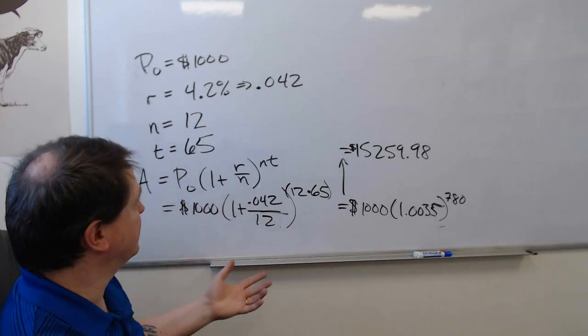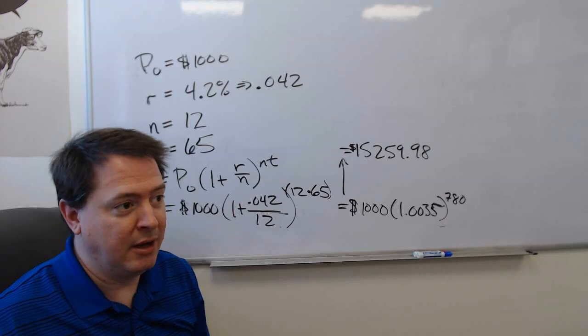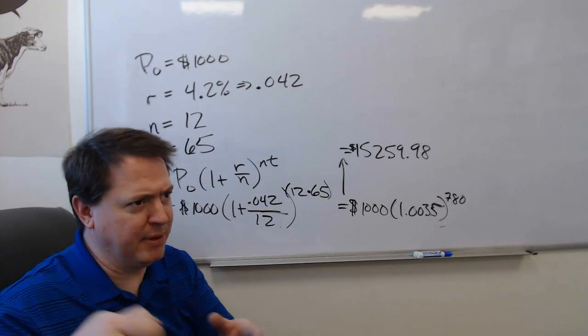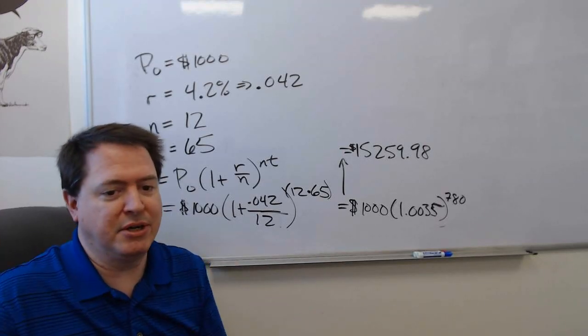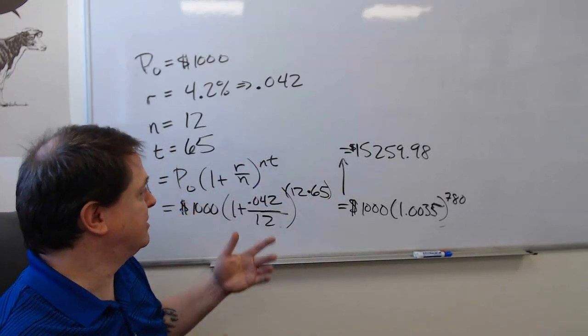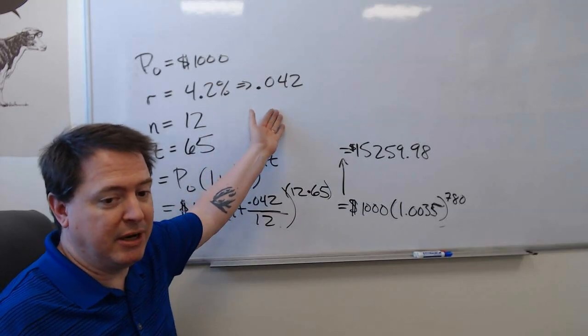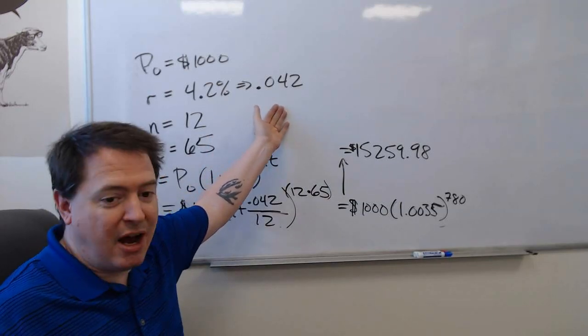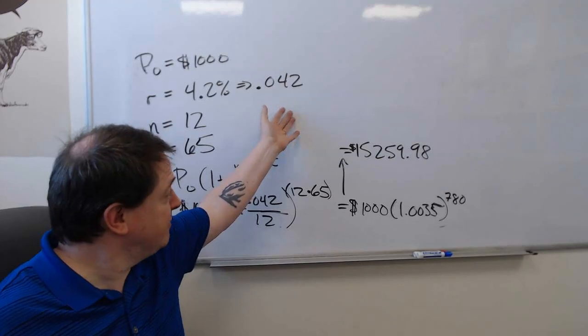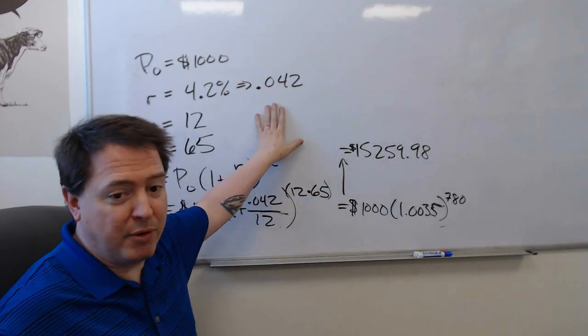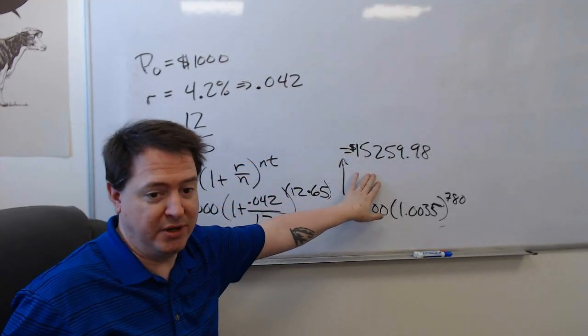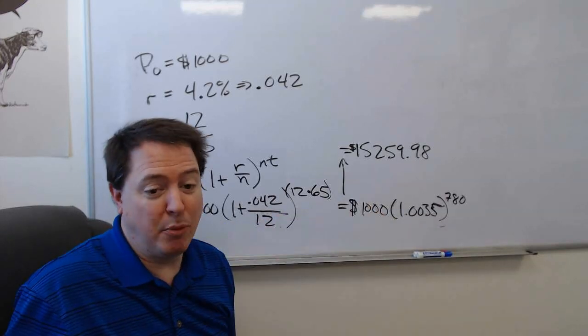But as long as the institution you're buying the CD from doesn't fail, you're guaranteed to get this money back, which means you'll get a lower interest rate. This is a common theme we see in investing: the lower the risk, the lower the rewards. More rewards is more risk.